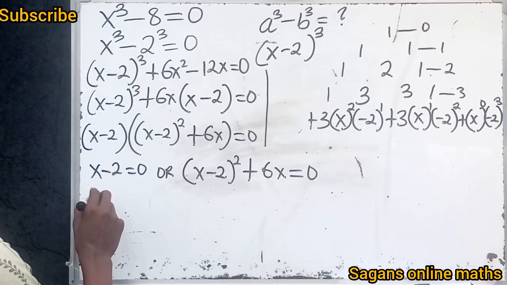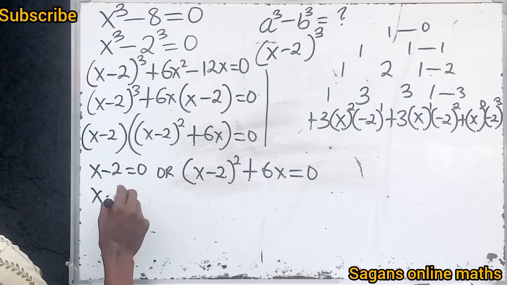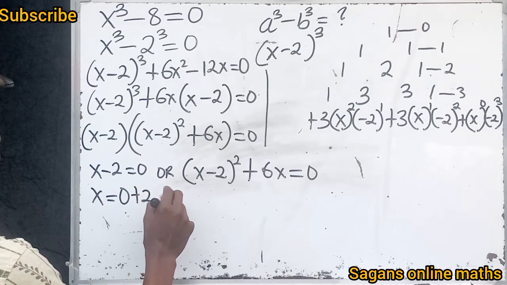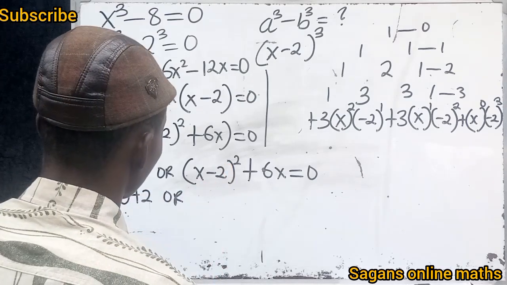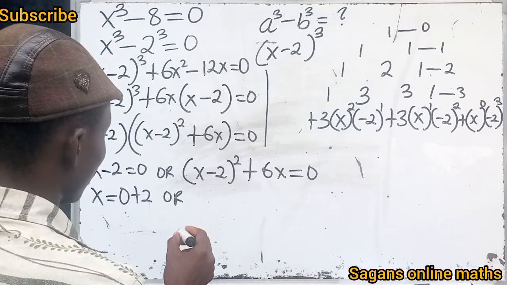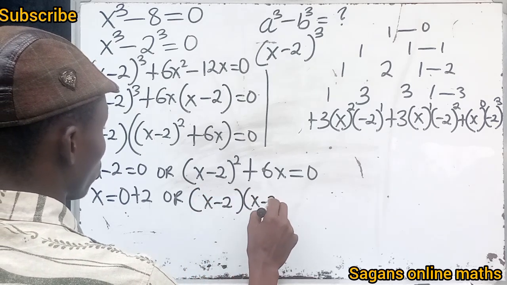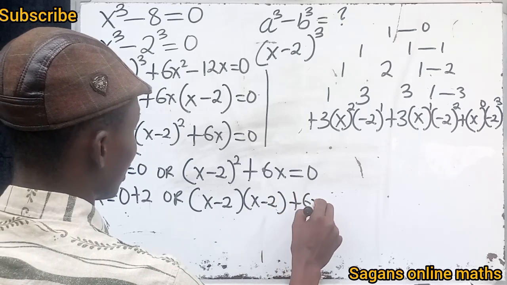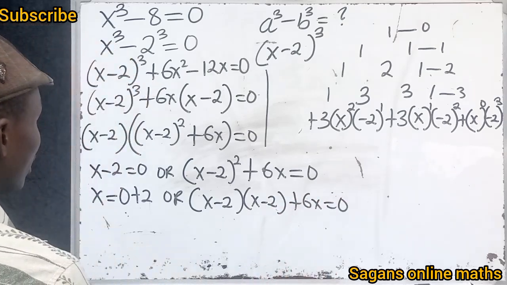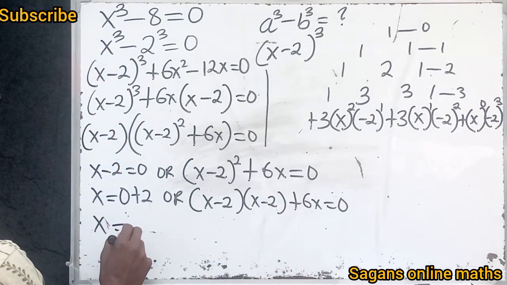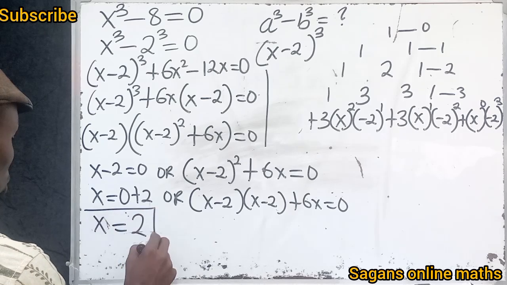From here I can see that x is equal to 2, by adding 2 to both sides, which is one of the solutions. We can also expand the other factor: (x − 2)(x − 2) + 6x = 0.